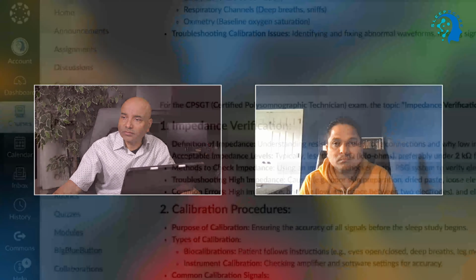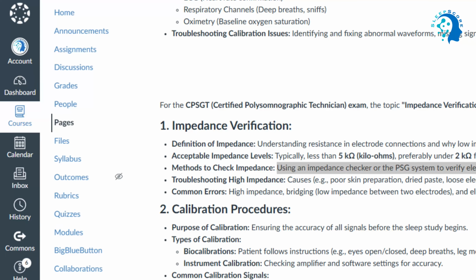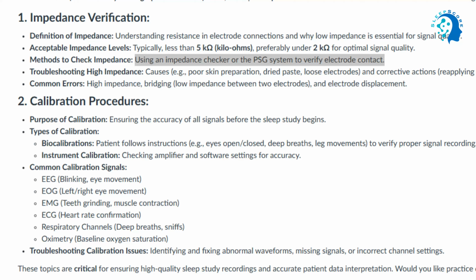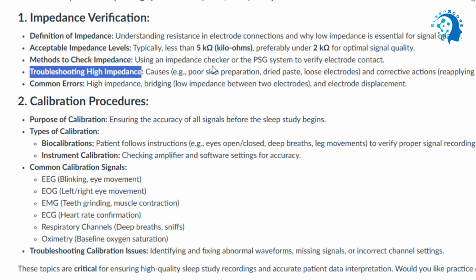Next thing, let's go check this one now. So we are in this part right now. Now here's the troubleshooting. Troubleshooting high impedance. Because we saw that high impedance gives a bad signal, right?